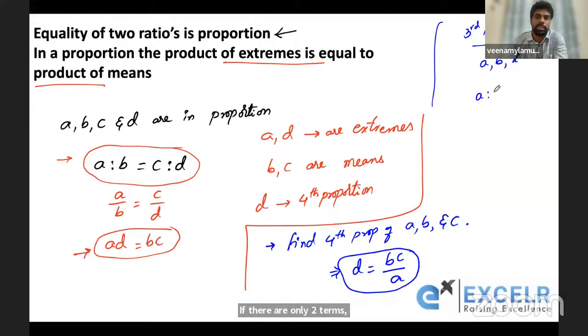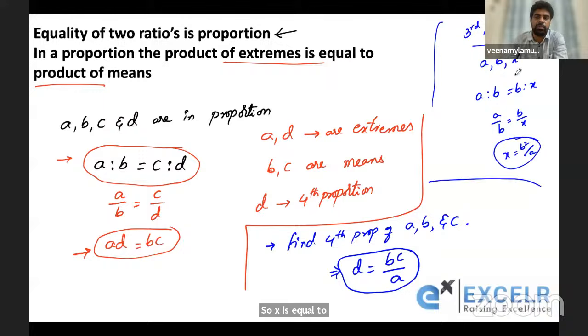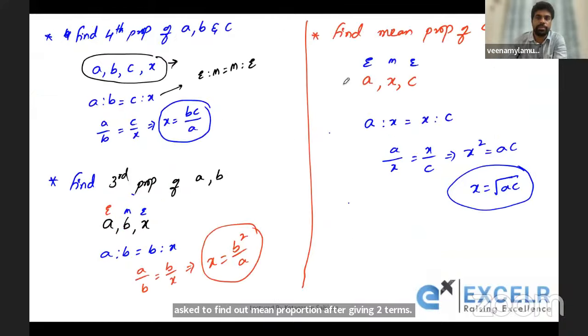So we take extreme is to mean, B is the mean, equal to mean is to extreme. So A by B equal to B by X. So X is equal to B square by A. Suppose you are asked to find out the mean proportion after being given two terms, then take that X in the middle. That is what I did here. Okay.